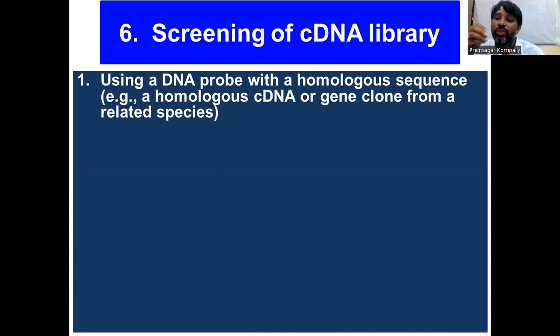So you can use human genes to screen the gorilla or chimpanzee cDNA library. Suppose cytochrome C oxidase from the human, you can use that gene as a probe to screen the cytochrome C oxidase from the chimpanzee or gorilla, because we share almost 98% similarity, right?